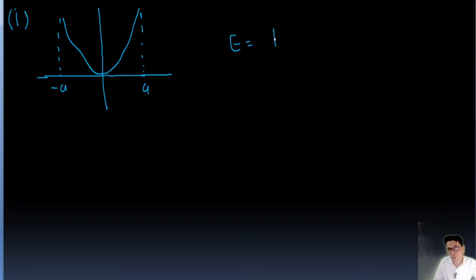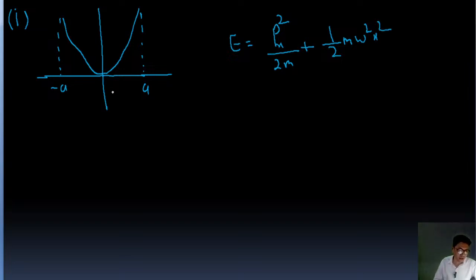E equal to Px square upon 2m plus, for this one dimensional harmonic oscillator, potential energy is half m omega square x square, right?